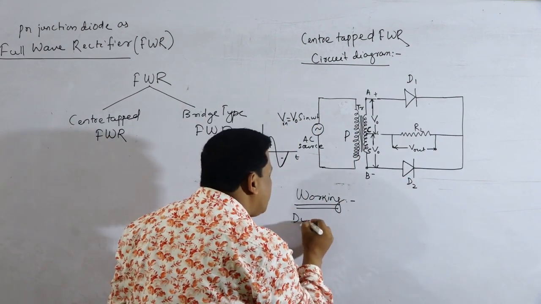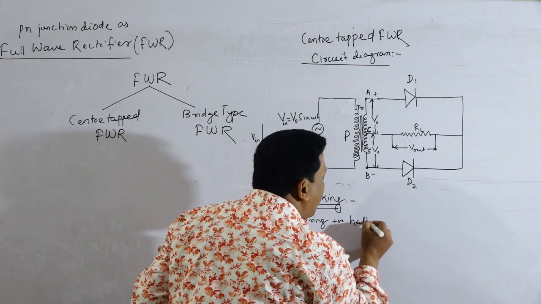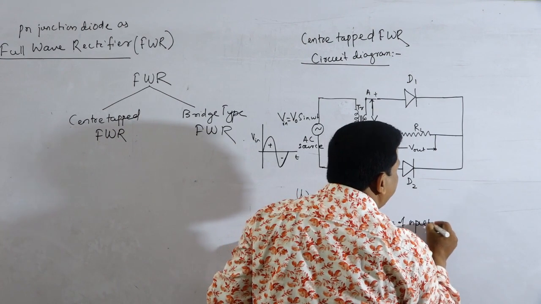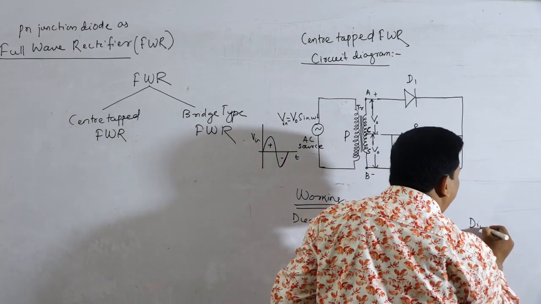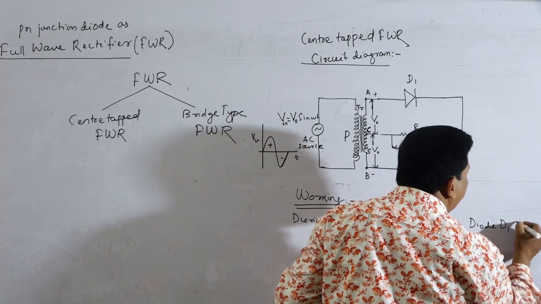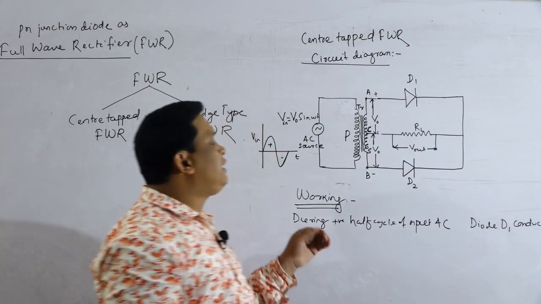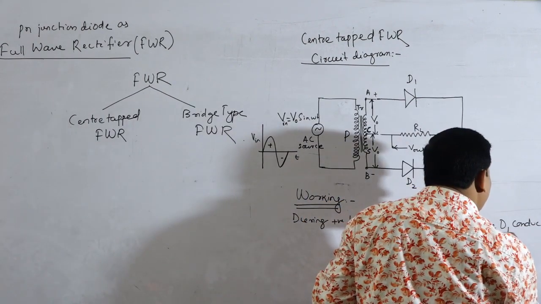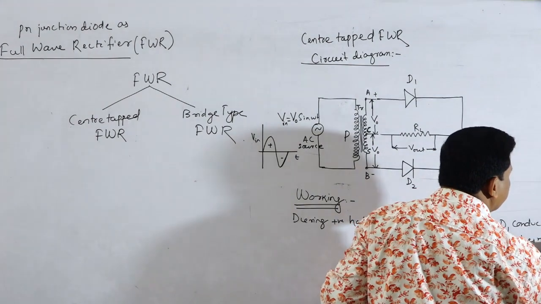So during the positive half cycle of input AC, diode D1 conducts. Only this diode conducts, and D2 does not conduct.